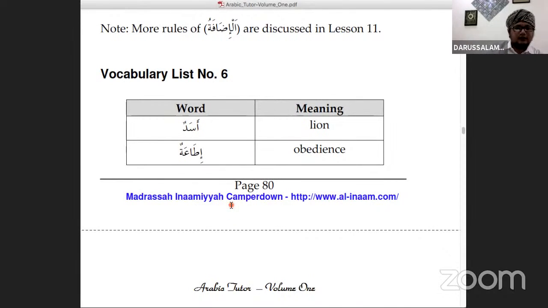Next. Go on, you read now. Read together. Bismillah. Seorang-seorang. Langit.